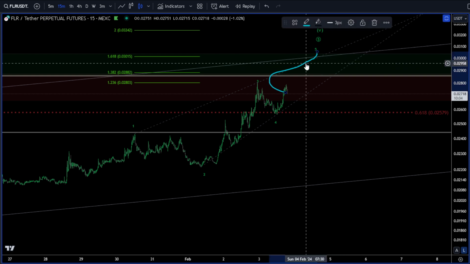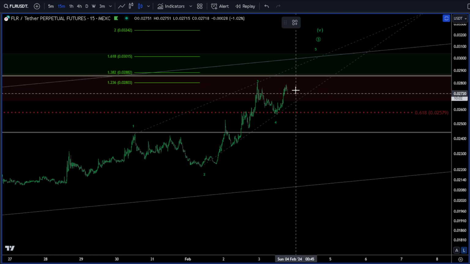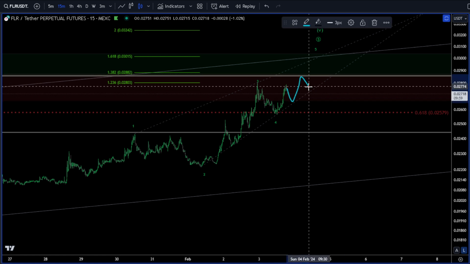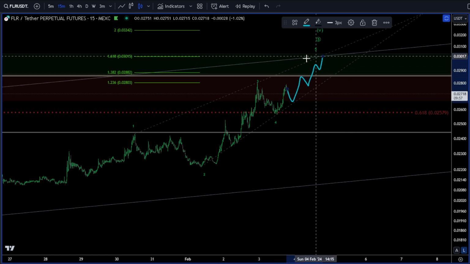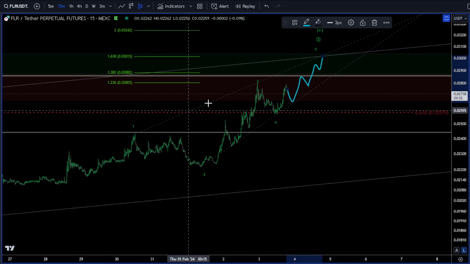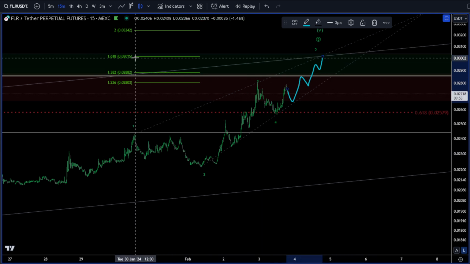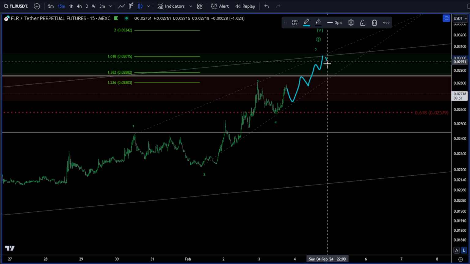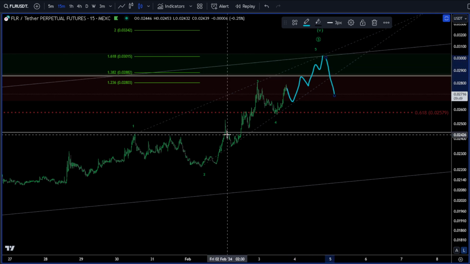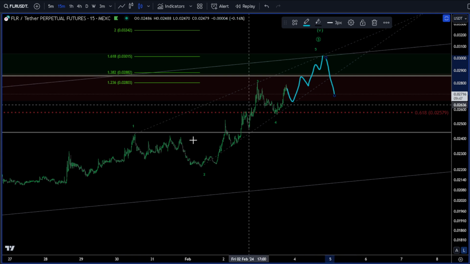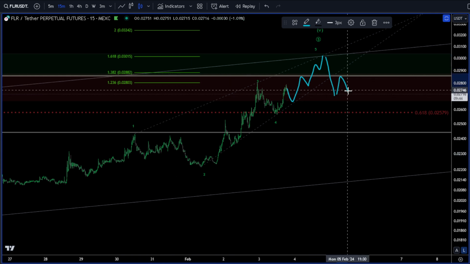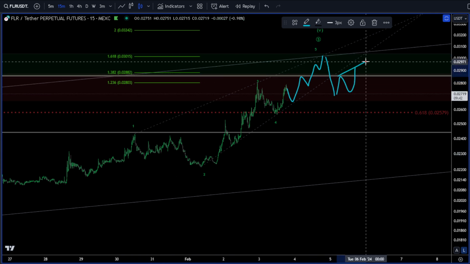Oh, that got out of whack on the smaller time frame. So come up here, make a complex move to the upside, tag that upper trend line, tag the trend line of this diagonal, hit our targets at 3 cents, and then reject pretty hard below our diagonal trend line, and then make a sideways correction.